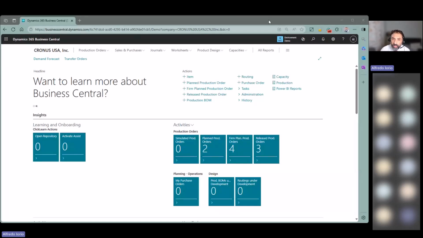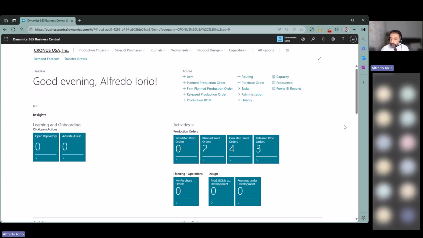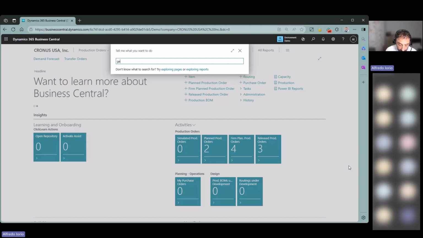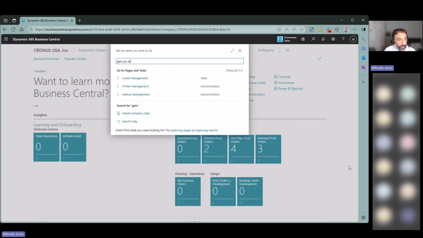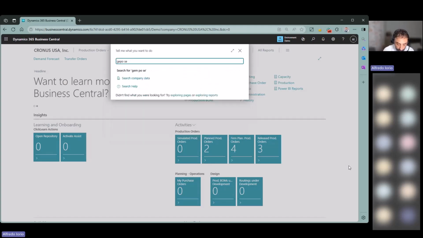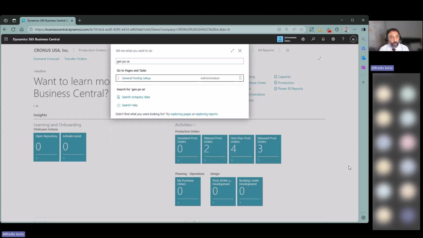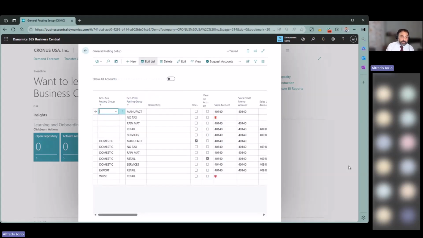The terminology might be slightly different, but the architecture, the core concepts are exactly the same. So let's start with general posting setup, where we find the combination of business posting groups and product posting groups.